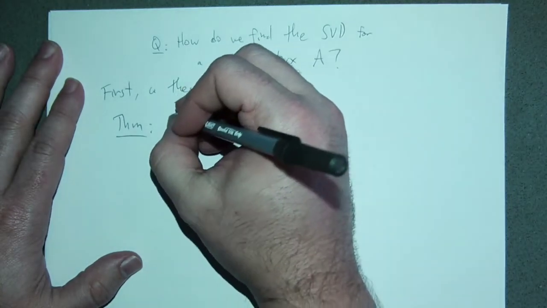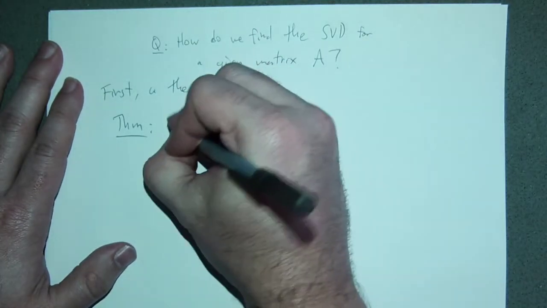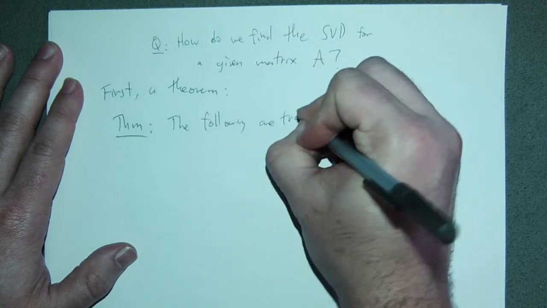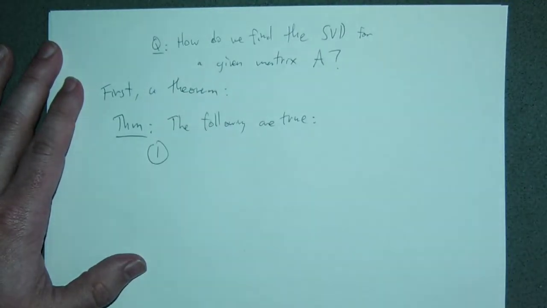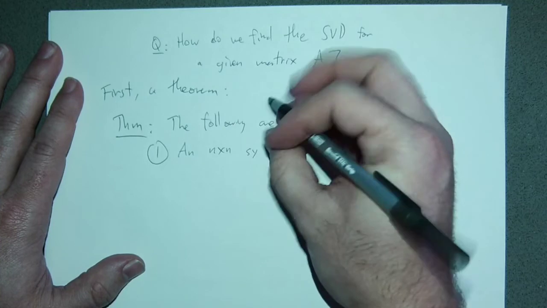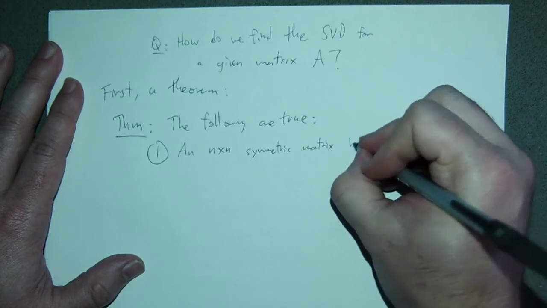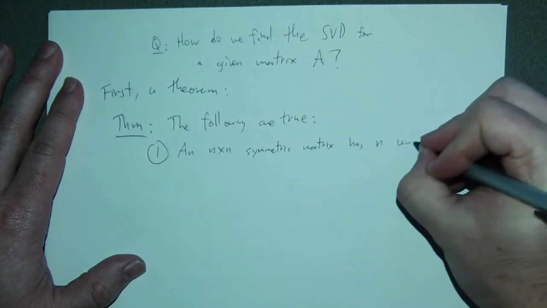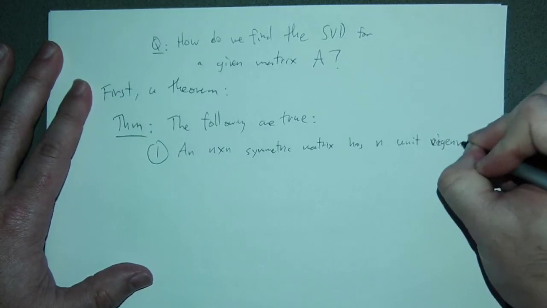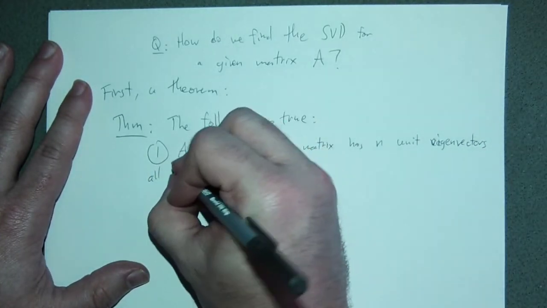This is like theorem 9 point something in your notes. The following are true. One: an n by n symmetric matrix has n unit eigenvectors, all perpendicular to each other.